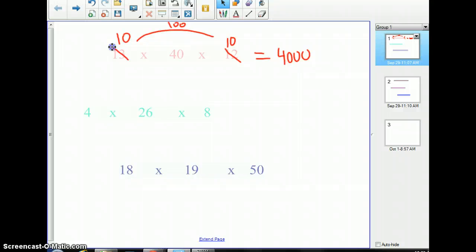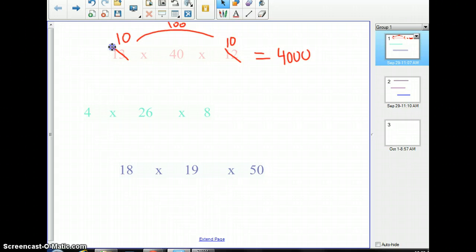Okay, new screen. Second problem, hard to read, it's a little bit lighter. 4 times 26 times 8. Then go to a different page. Go to a notebook page. Go to something different. I hope you guys were listening earlier in the lesson.